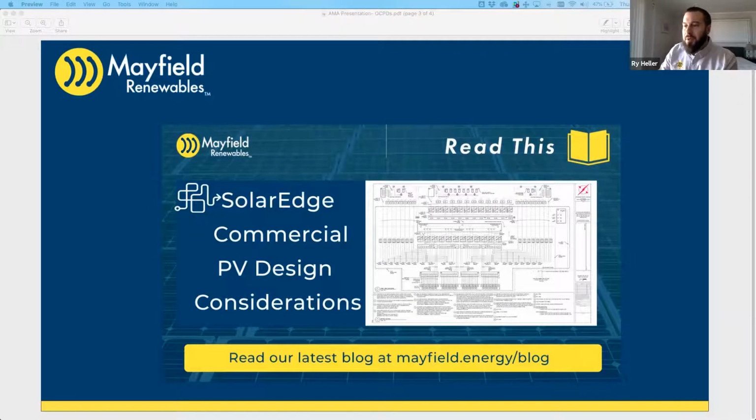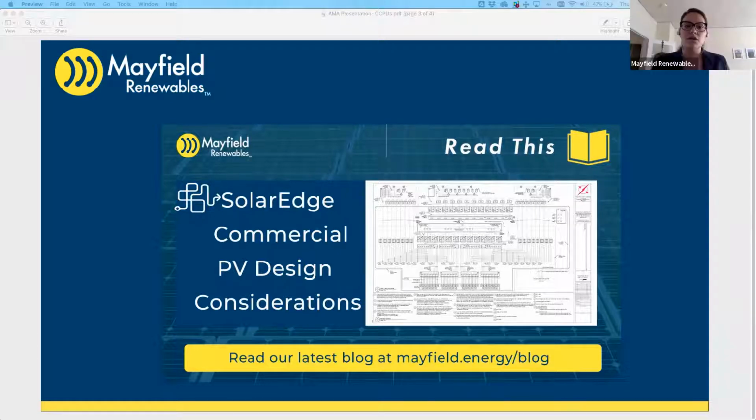I was under the impression that the SolarEdge system would shut down if it had a fault. It's got an IMI circuit built into the inverter, an isolation monitor interrupter, and so if it sees any leakage to ground, it's going to trip right away. So that was kind of a news flash for me, and the more I looked into it, the more I realized there was to know. Writing this blog was an opportunity for me to really dive into it and do some research.